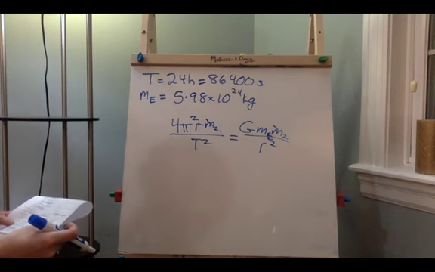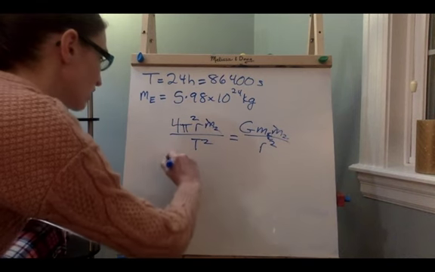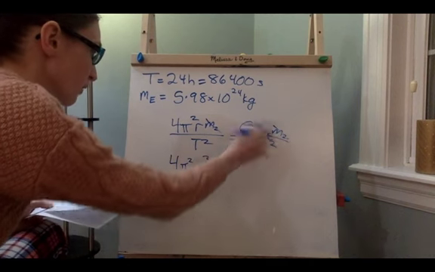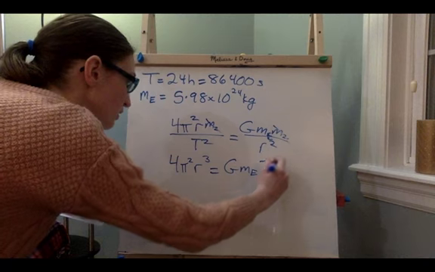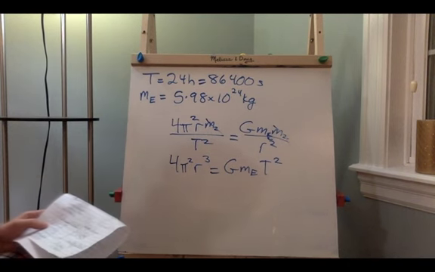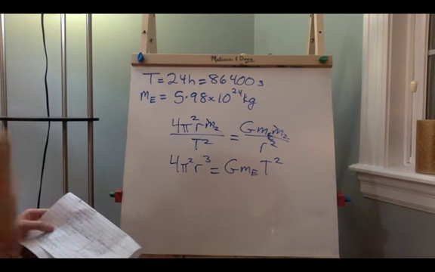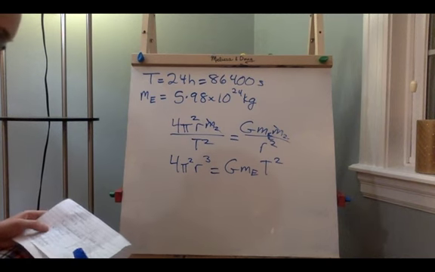Okay, you can again manipulate that formula, right? You do your cross multiplication, you get 4 pi squared r cubed, those have canceled, equals G times mass of Earth times the time squared. We're again interested in the altitude, so if we can find the radius between the center of the Earth and the object, we can then subtract the radius of the Earth to get the actual altitude, okay?